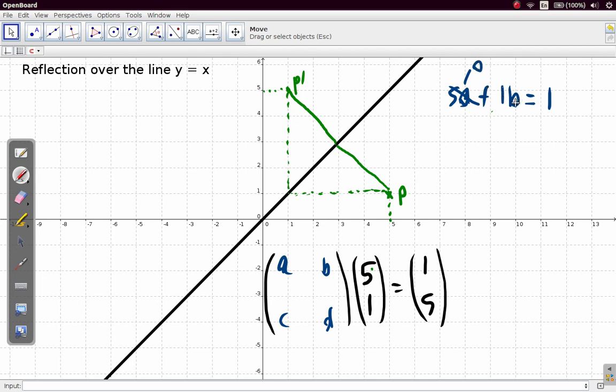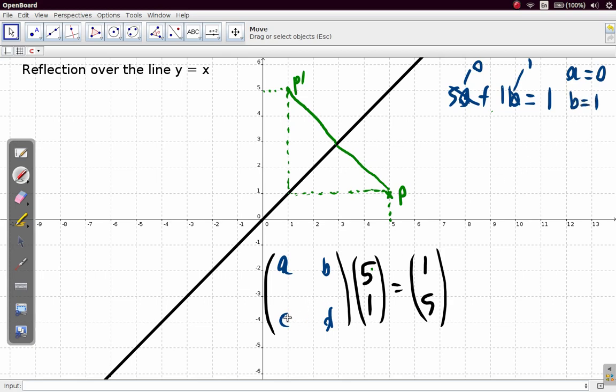B times 1. It seems as if B is 1 because 1 times 1 is 1. So B is 1. So far, the suggestion here is A is 0 and B is 1.